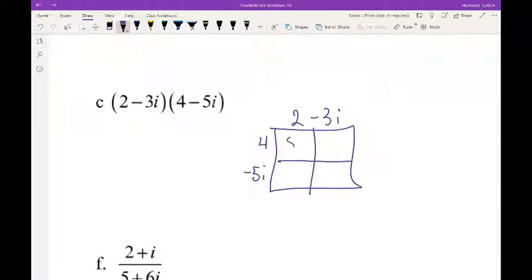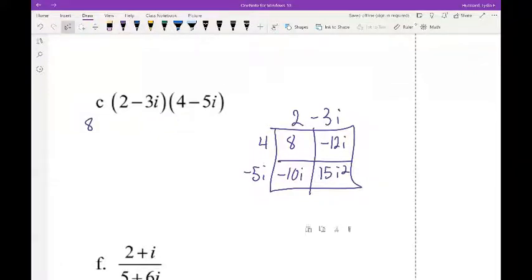So 4 times 2 is 8. 4 times -3i is a -12i. 2 times -5i is a -10i. And -5i times a -3i is going to be a positive 15i squared. Make sure to include that squared. So that's going to give us 8, -12i plus a -10i will give us -22i, and then plus 15i squared.